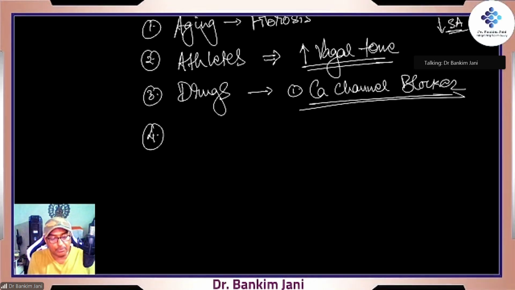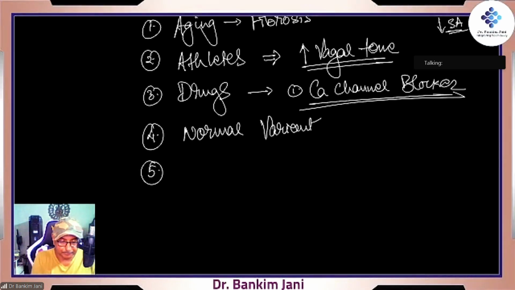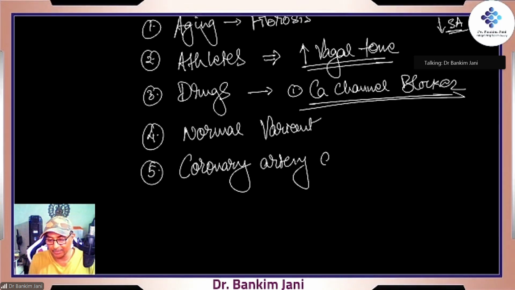Fourth, it could be normal. It is what is called a normal variant. Another important thing is, in case of, say, coronary artery disease, now see the variation. Some things are totally normal, some things are concerning.